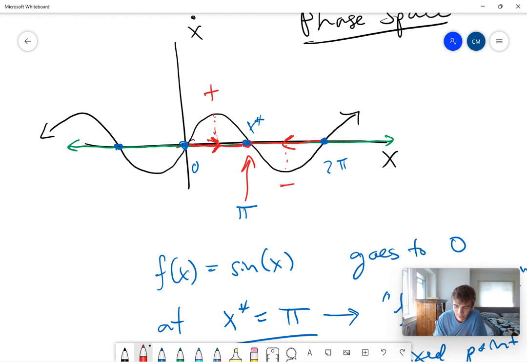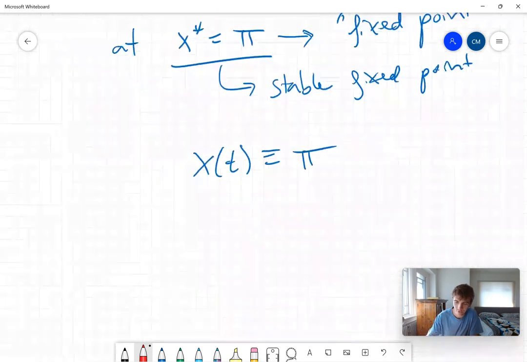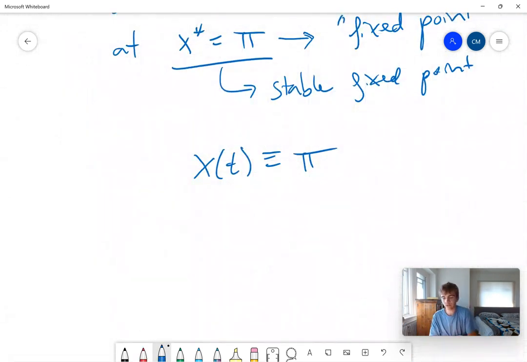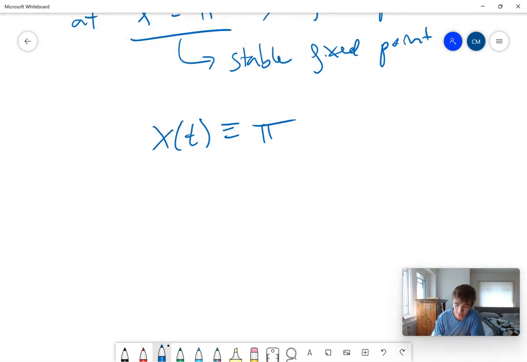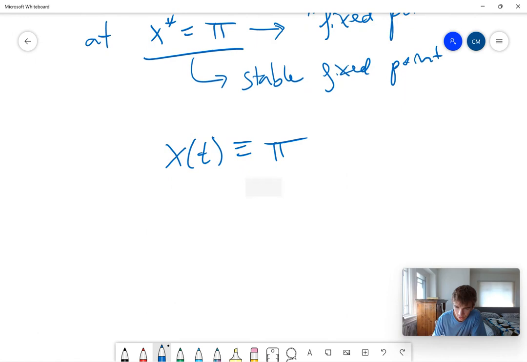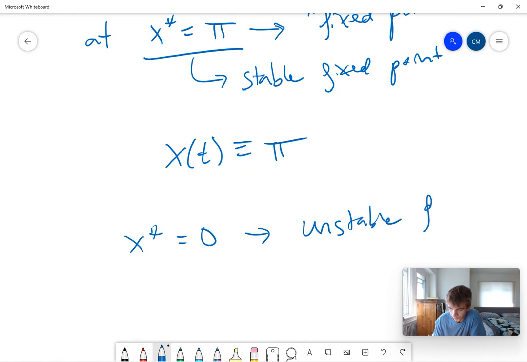If I were to complete the drawing here, I have a net flow on this x-axis that is diverging away from the fixed point. So this is what we call unstable. An unstable fixed point is one that's repelling, so solution trajectories that are close to it get repelled away from it in that manner. So let's call x star equals 0 an unstable fixed point.